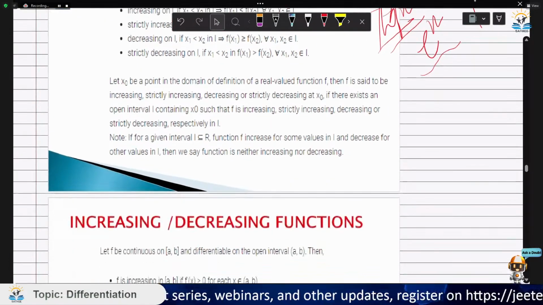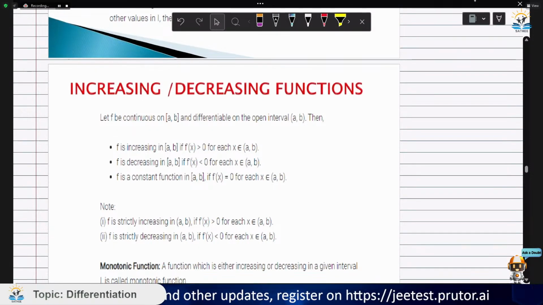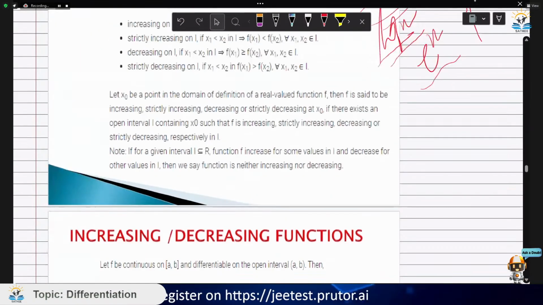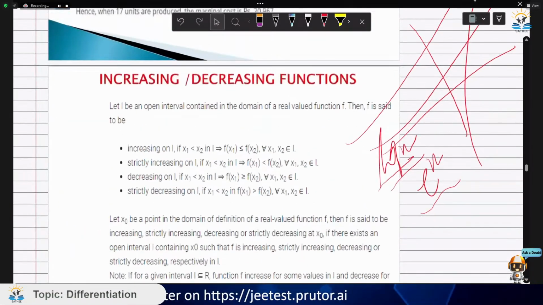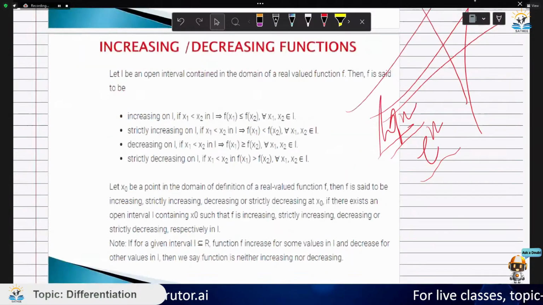Okay, so now let's move on to another topic. This is another way of seeing the decreasing and increasing part of it, where we use differentiation, right? As we are discussing the application of derivatives, finding out if a function is increasing or decreasing can be easily done with derivatives.